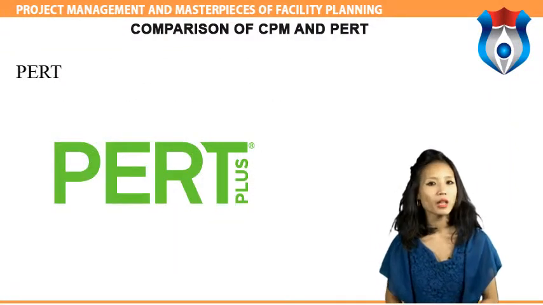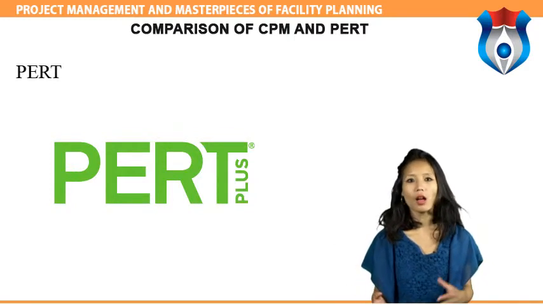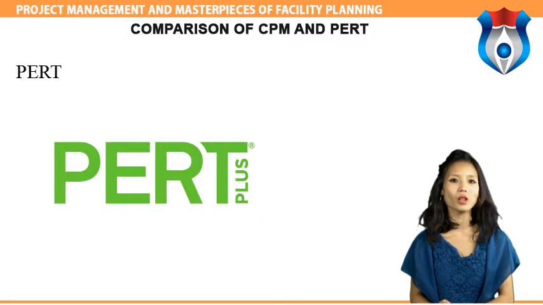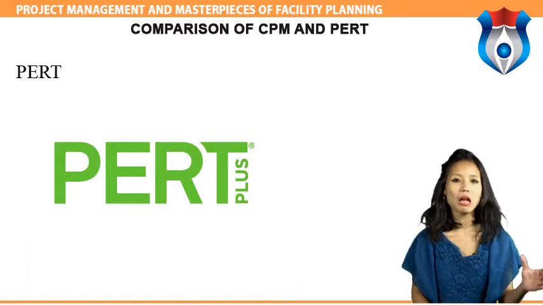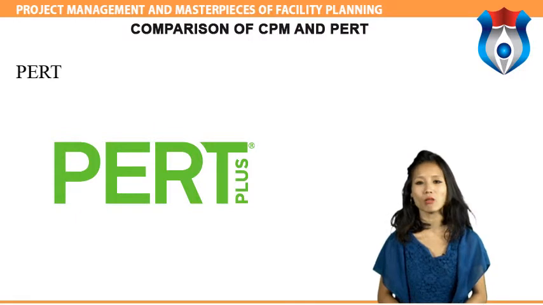PERT. The PERT was developed in connection with R&D work. Therefore, it had to cope with the uncertainties that are associated with R&D activities. In PERT, the total project duration is regarded as a random variable. Therefore, associated probabilities are calculated so as to characterize it.